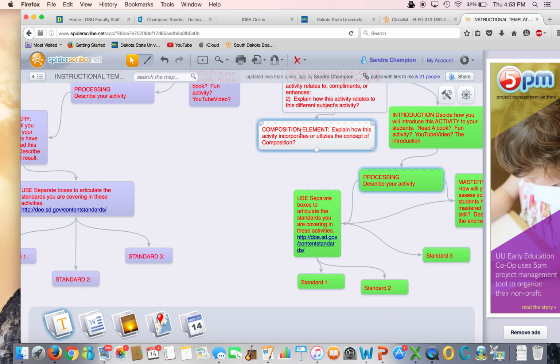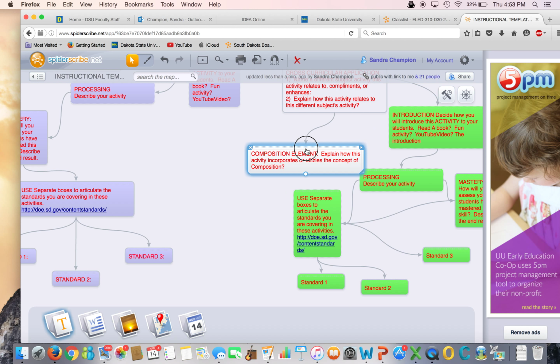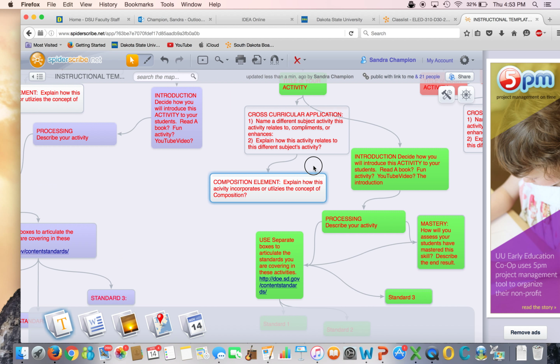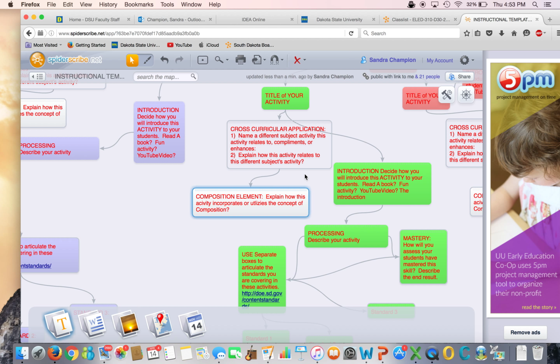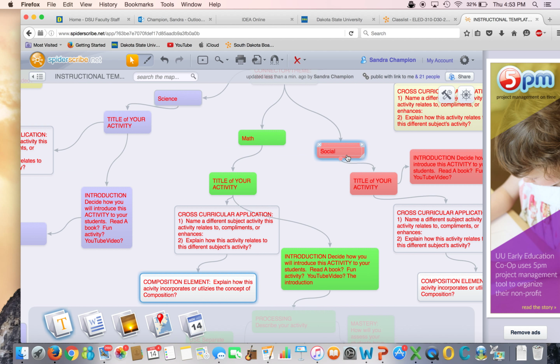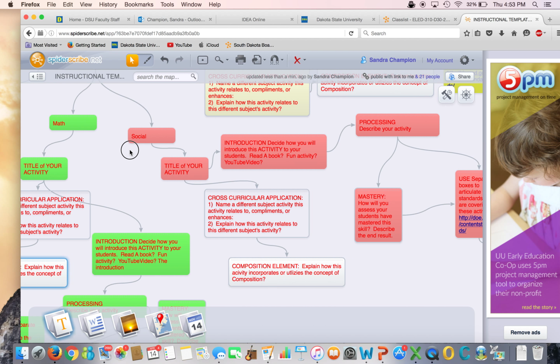Then, underneath that, you have the compositional element right here. Explain how this activity incorporates or utilizes the concept of composition. If we take the example I just did, you're making word problems. There you go. Word problems always involve composition. How do you construct a word problem? So every single one of them has all of those.